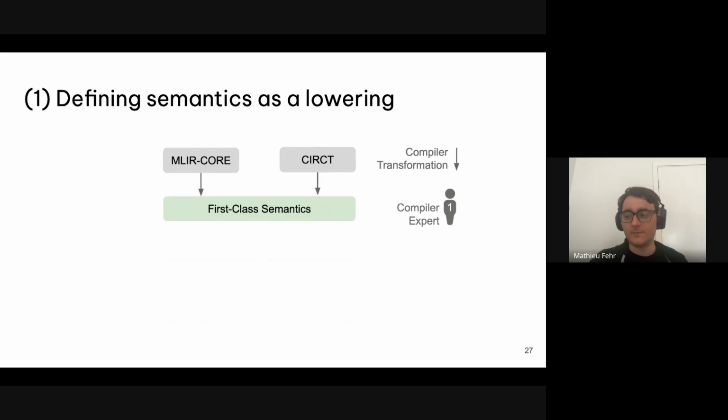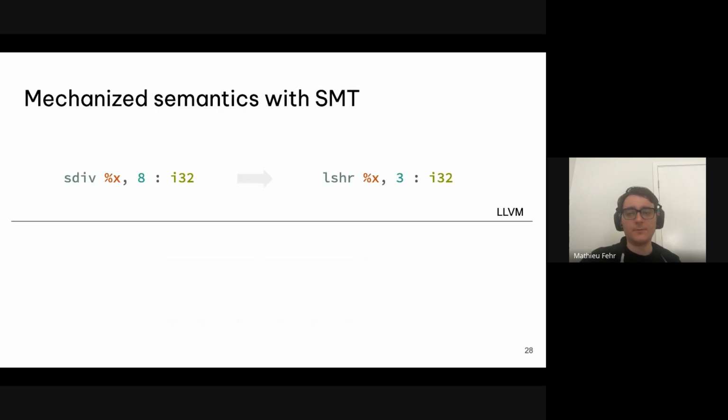So let's look a bit at what that means when I say we want to compile to first-class semantics. Currently in Alive, if you want to do, let's say, translation validation, so checking that the program was correctly compiled, let's say you have signed division by 8 that you compile to a shift by 3.